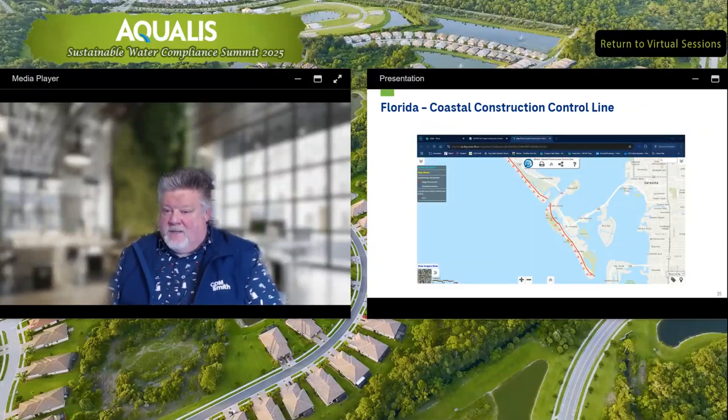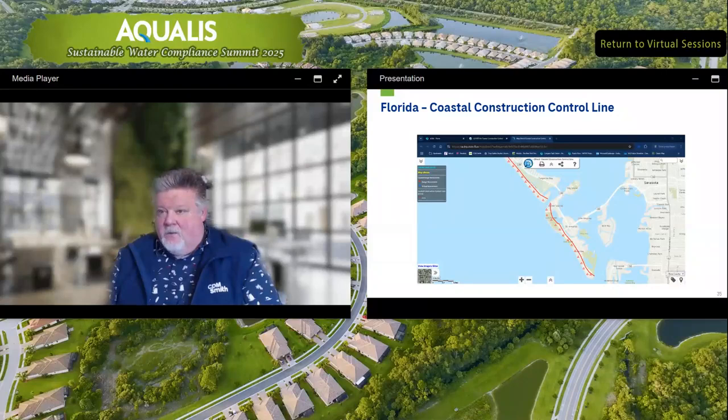Another state that uses erosion rates to help establish regulatory information is the state of Florida. They have what's known as the Coastal Construction Control Line. It's not a regulatory line in the sense that you're not allowed to build within that space, but if you are going to build seaward of the Coastal Construction Control Line, you must adhere to higher building code standards than you normally would have to.